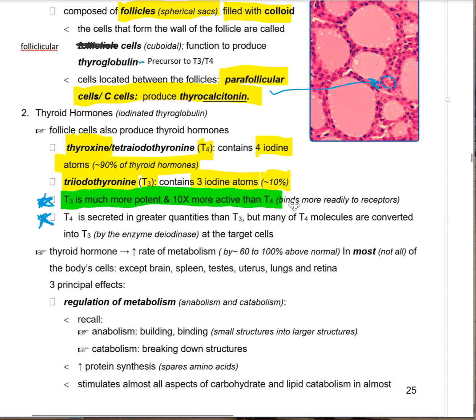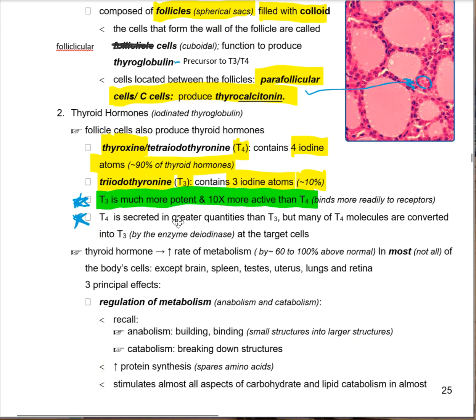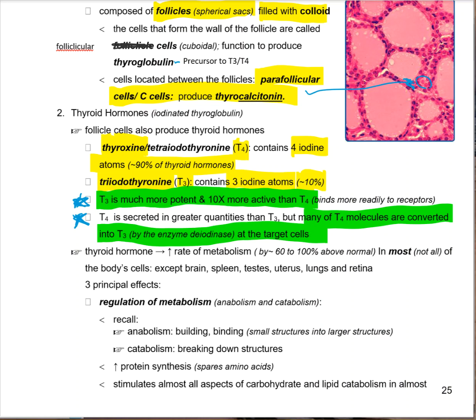It binds more readily to the receptors than T4 does. T4 is secreted in a lot greater quantities. Like we said, it's like 90%. But many T4 molecules are actually converted to T3 at the target cells. So T4 is circulating a lot more in our blood, but once it gets to the target cells, we often convert it into T3 because it's more active. So that's kind of interesting.